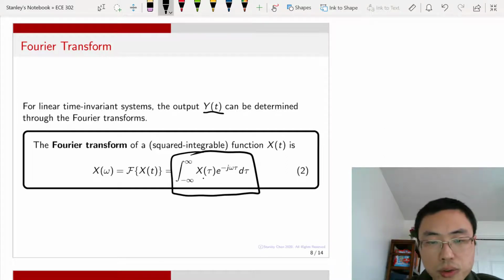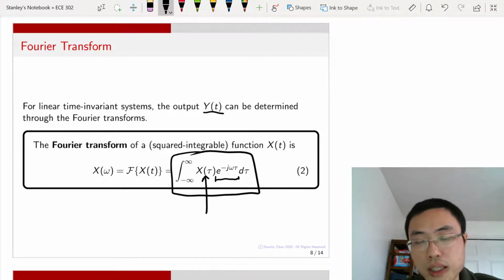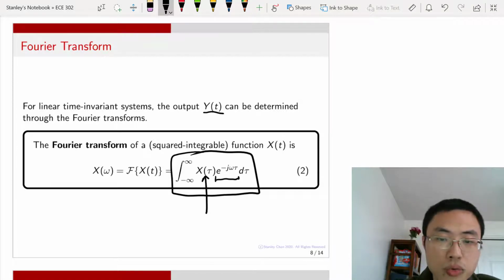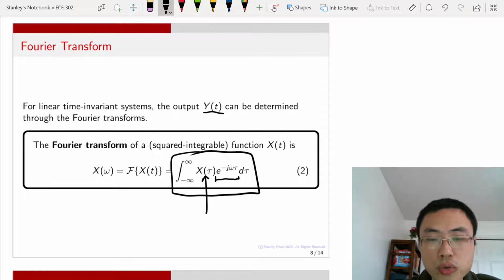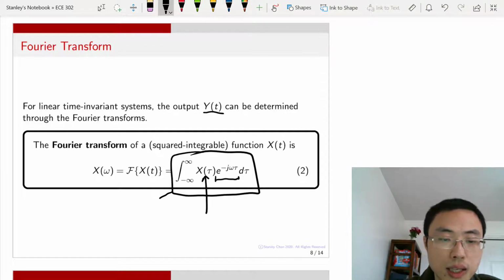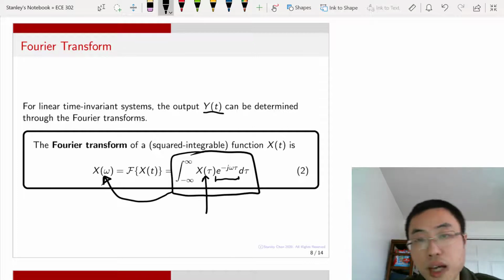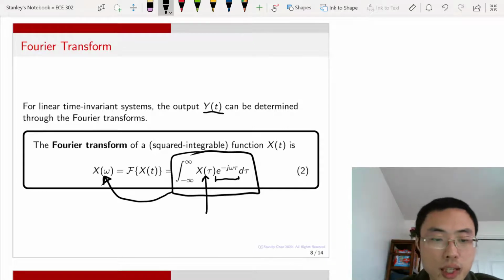Inside this integration, you have the function x(t), and then there is an exponential function e to the power minus j omega t, and you integrate this function with respect to time, then you get a transformed function, which is now a function in terms of omega.